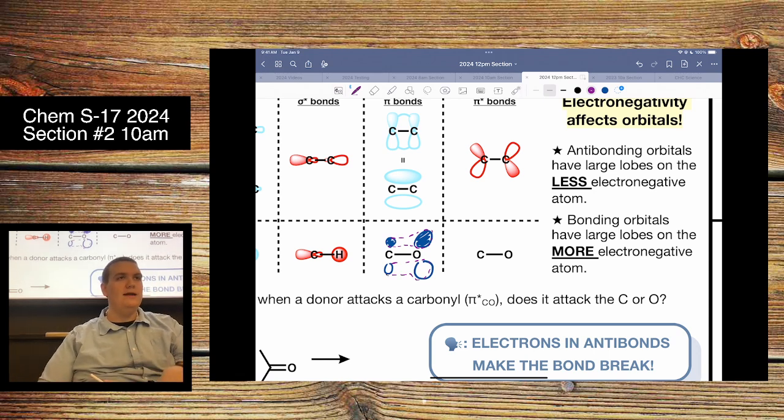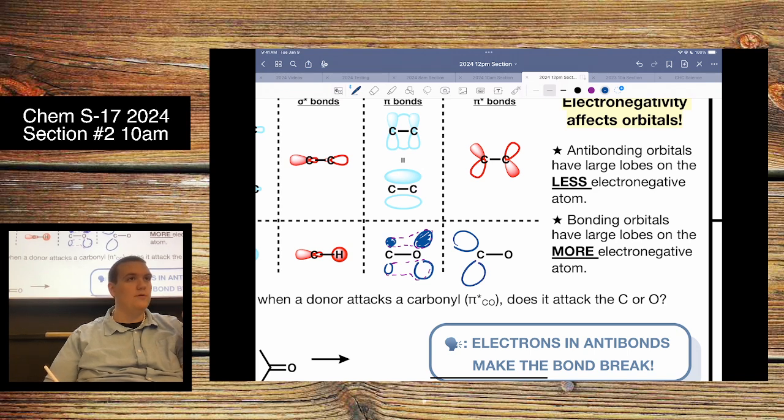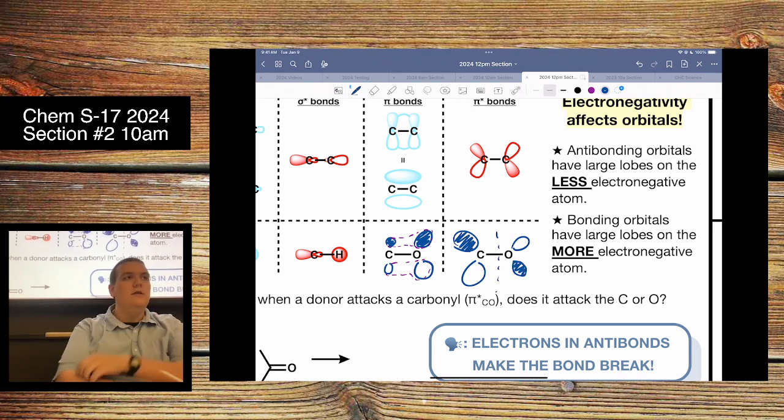So for bonding interactions, larger lobes on the more electronegative element. And then for antibonding orbitals, it's the opposite. The less electronegative element between carbon and oxygen is carbon. So for the antibonding orbital, it's going to have larger orbitals on the carbon and smaller on the oxygen. And remember, we're going to do it out of phase here, and there's a little node.